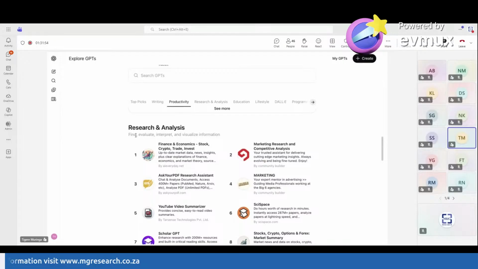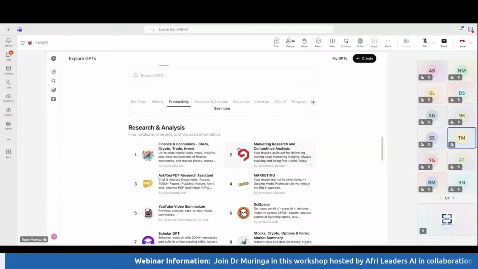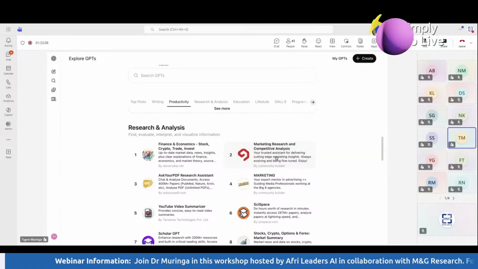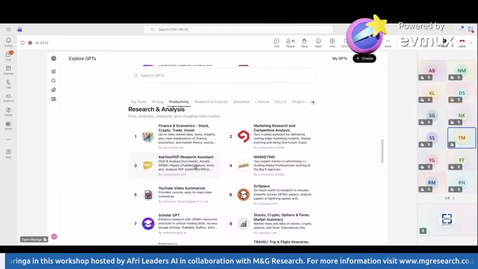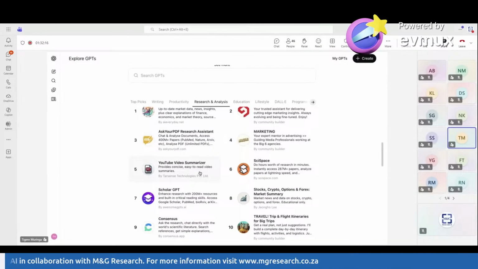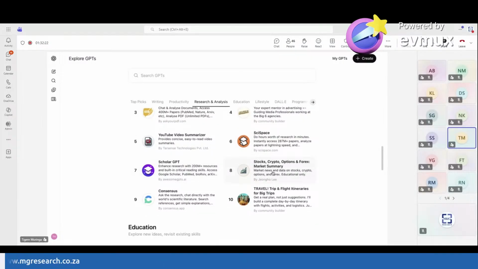It says find, evaluate, interpret, and visualize information, depending on the kind of analysis that you need to do. It has market research and competitive analysis, an ask your PDF research assistant, a video summarizer, science-based tools, do hours worth of research in minutes, Scholar ChatGPT, right?